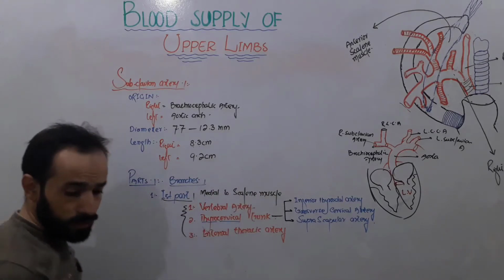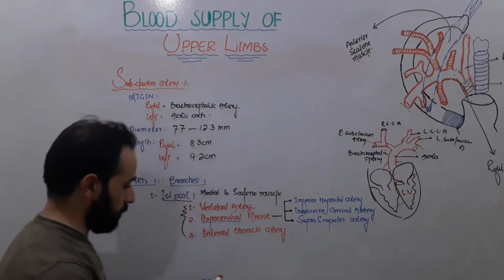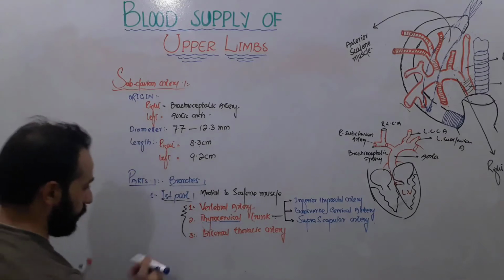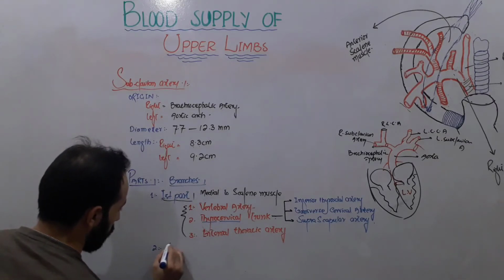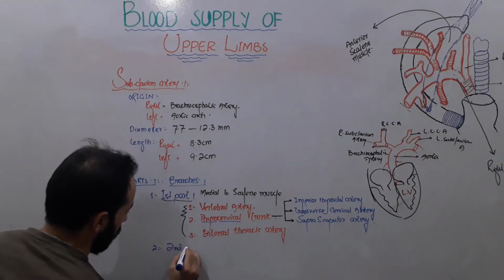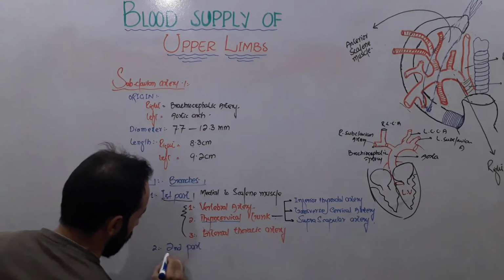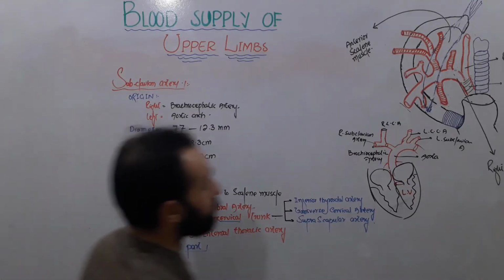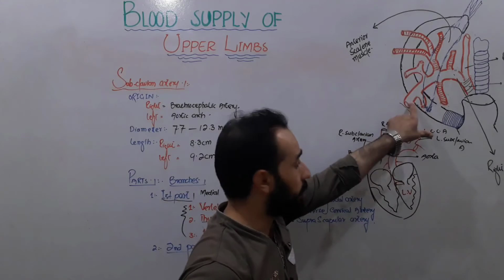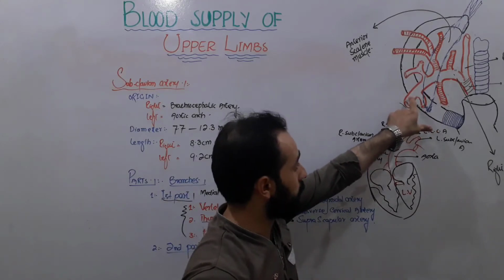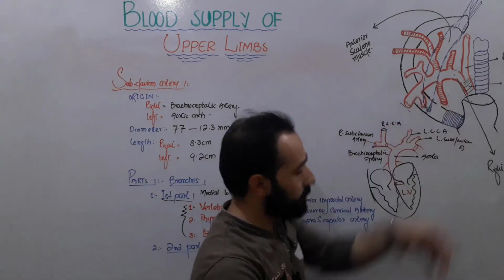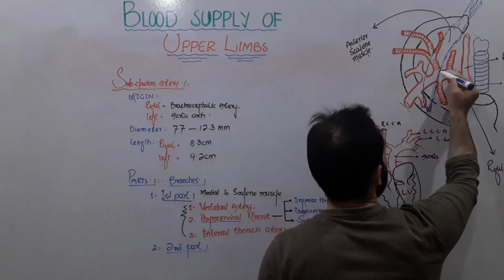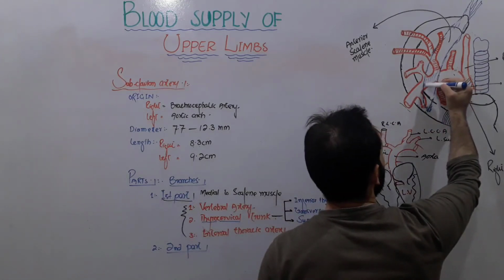Now move forward to the second part of this artery. Let me write here, second part. So this second part of this artery, the left subclavian artery, right subclavian artery, as you can see here, this is the scalene muscle, right?